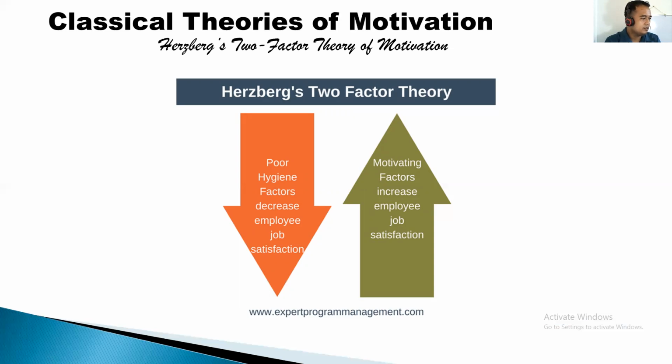Herzberg's two-factor theory of motivation identifies poor hygiene and motivating factors. If, for example, your company is not achieving the esteem needs and other needs described by Abraham Maslow, then in Herzberg's two-factor theory, you are having poor hygiene factors.